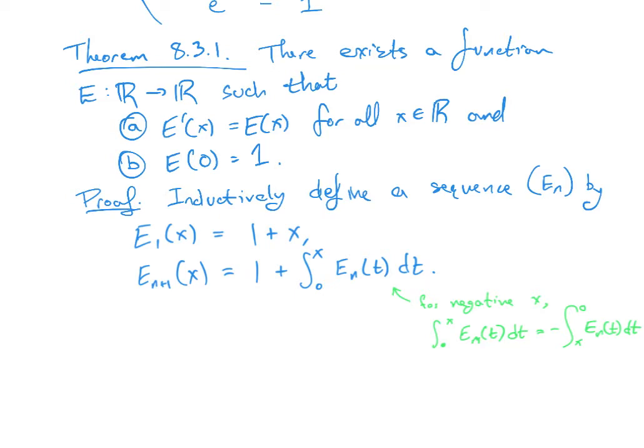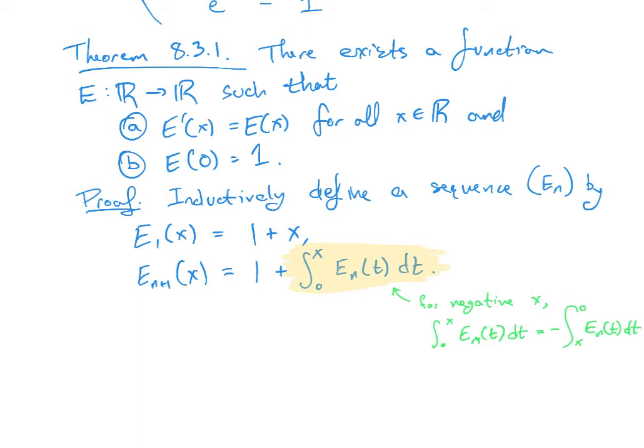Okay, and now in this proof, I'm going to reference a lot of theorems that we've proved. Let's start with the first one. So we're going to give an inductive proof that this is actually a good definition. Okay. So the problem is, in our definition of e sub n plus 1, we've got an integral. How do we know that integral exists?